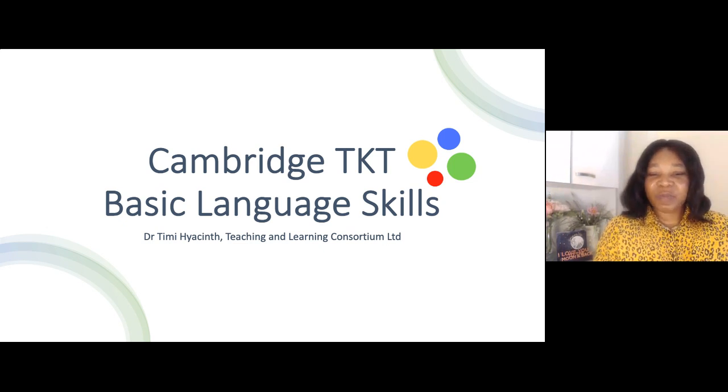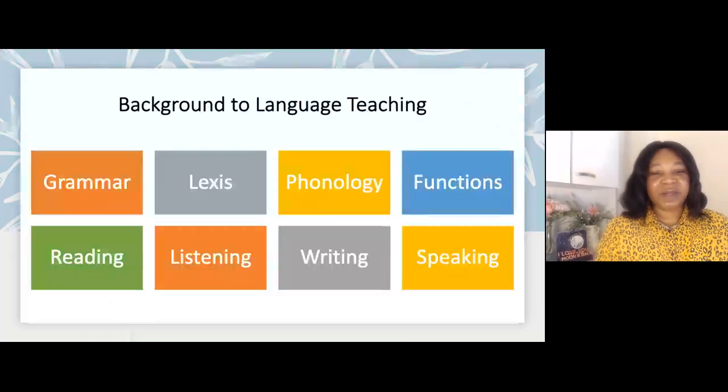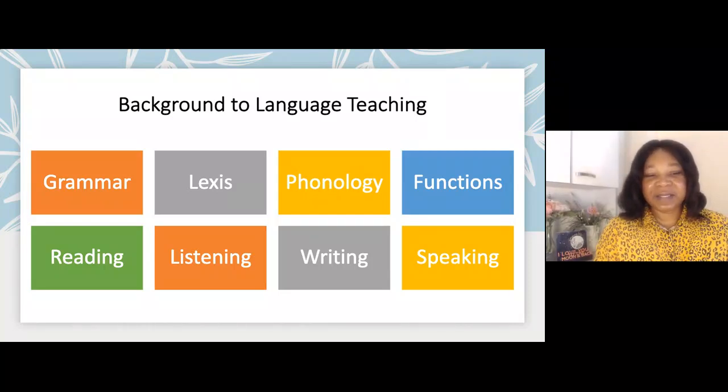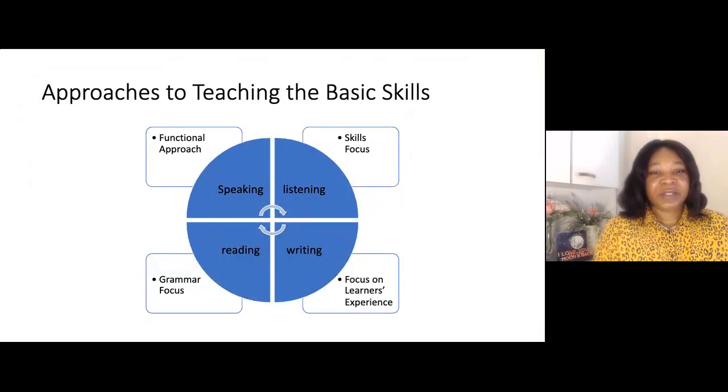So there's another approach to English language teaching, and that approach is teaching using the 4 basic skills: reading, listening, writing, and speaking. That's what we're going to do in this slide. So, as a rehearsal, we have different approaches to teaching English.